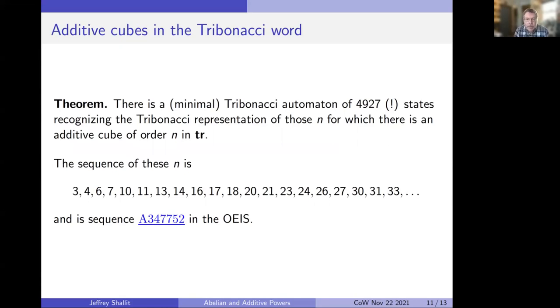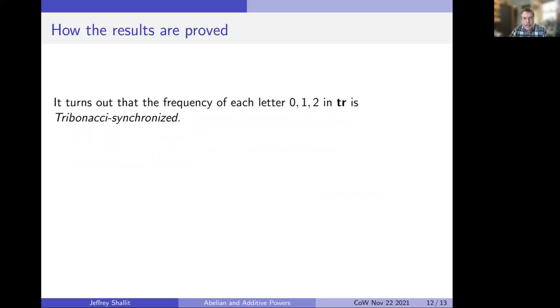You'll notice that it includes, of course, everything for abelian powers, because abelian powers are additive powers. So all the abelian cubes are represented, but a few more orders come up, like 3. And that's also in the OEIS. So these numbers are very large, and to me, they suggest something to be investigated.